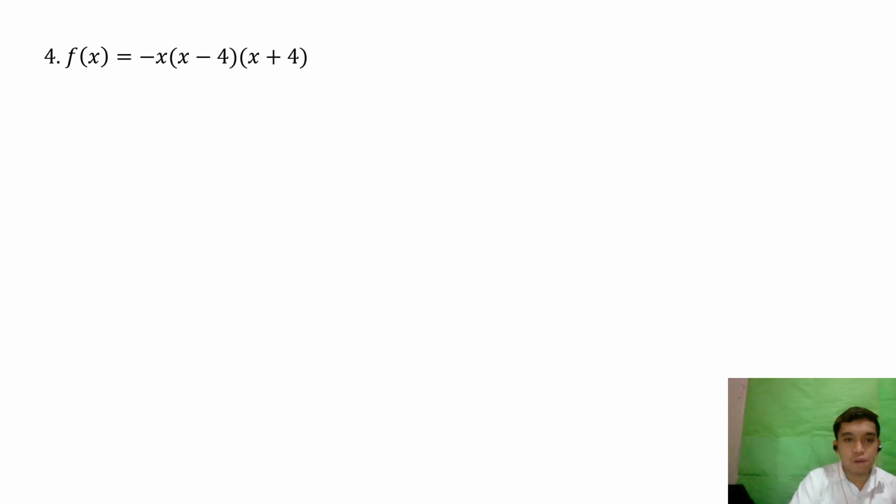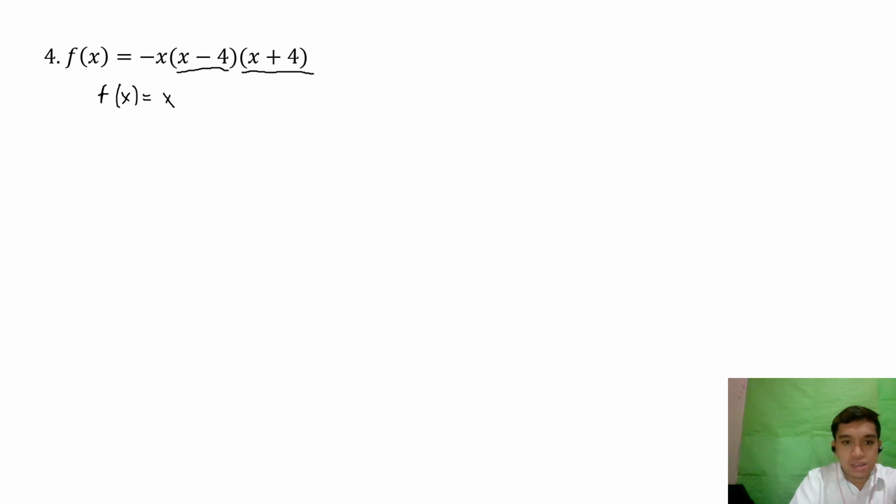Okay, so we have f of x equals negative x times x minus 4 times x plus 4. Okay, class, so dito, f of x is equal to, kagaya pa rin ng sinabi ko kanina, i-multiply natin siya. So, unahin natin itong quantity of x minus 4 at quantity of x plus 4.